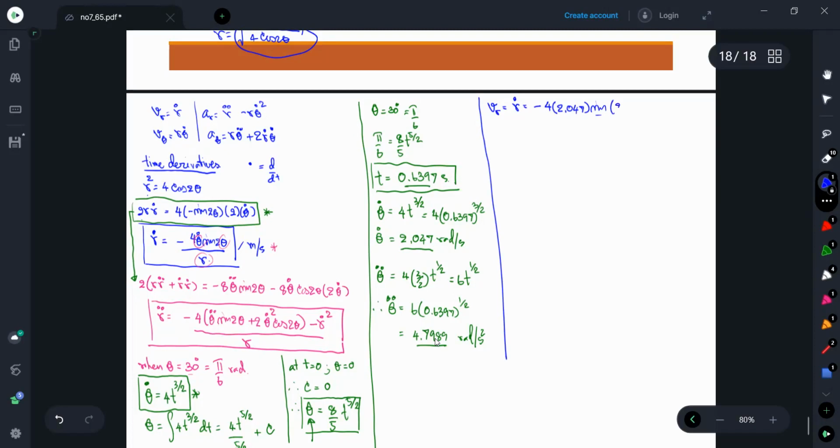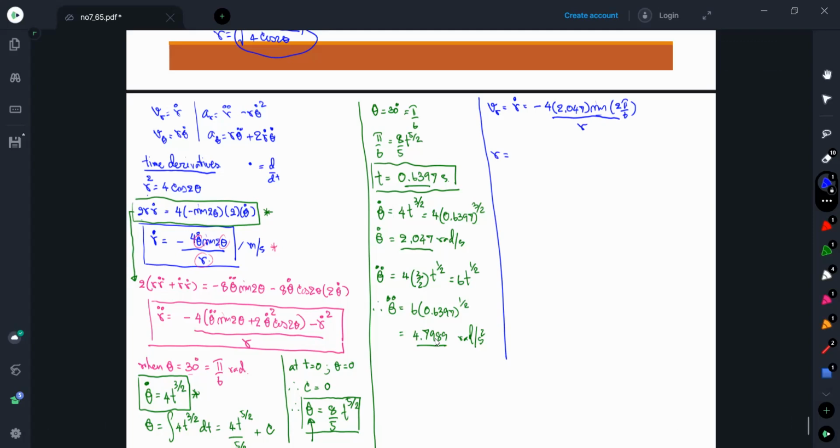It is equal to 2 pi over 6, divided by r. But now what is r?